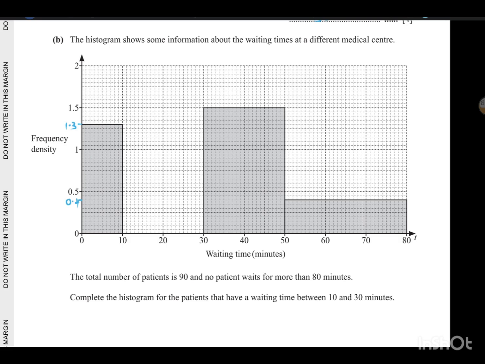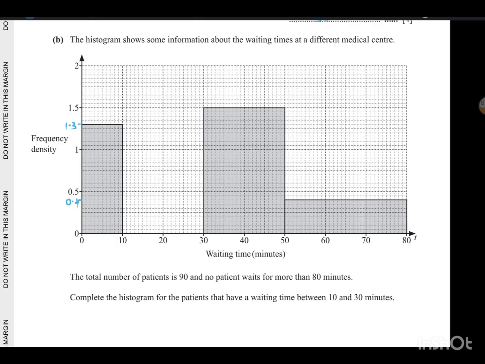Now to get the frequencies, we have to multiply the frequency density with the class width. So the frequency density of the first class is 1.3, so 1.3 into 10.